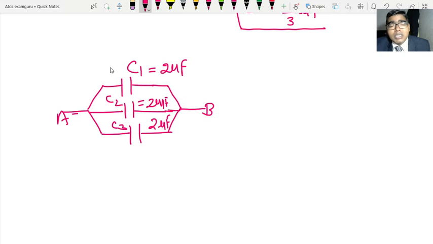And it is said to us that calculate the equivalent capacitance between the node A and B. Then what will we do? The very first step to solve these types of problems is to find out whether the elements connected in the circuit are connected in series or in parallel.